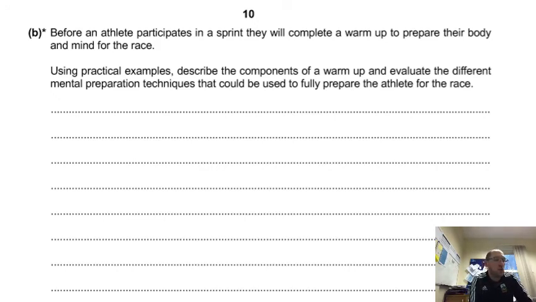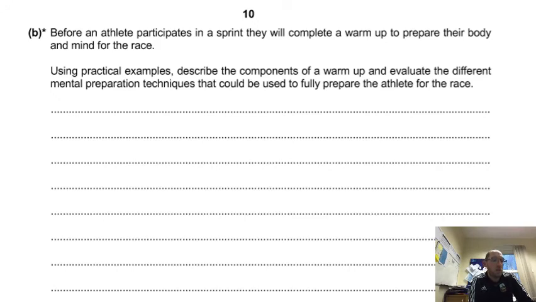So this question is a 6-mark extended response question with a level of responses mark scheme. It requires the candidates to show knowledge and understanding of the components of a warm-up and to apply that knowledge to give examples of suitable exercises for a sprinter. Furthermore, candidates needed to evaluate mental preparation techniques that would help the sprinter prepare for a race.